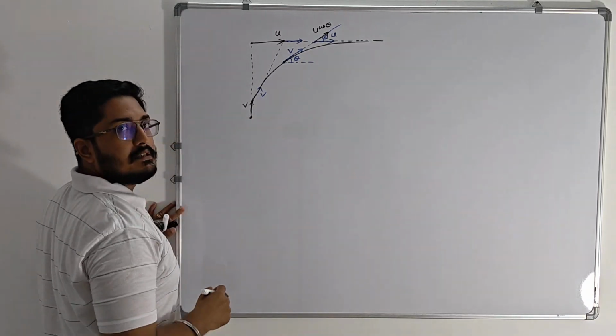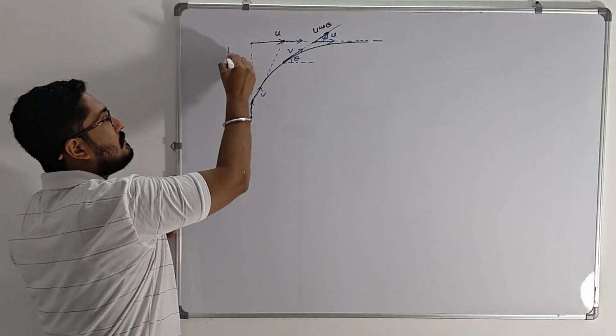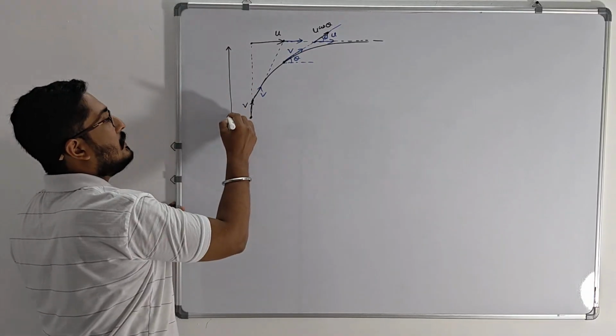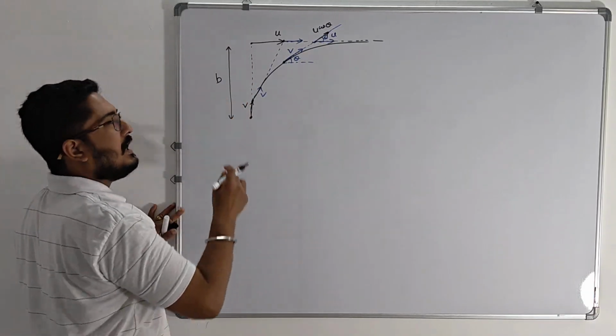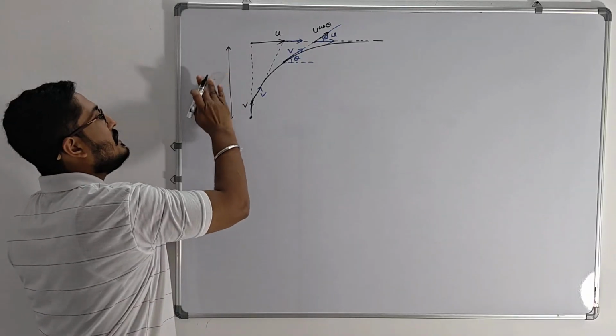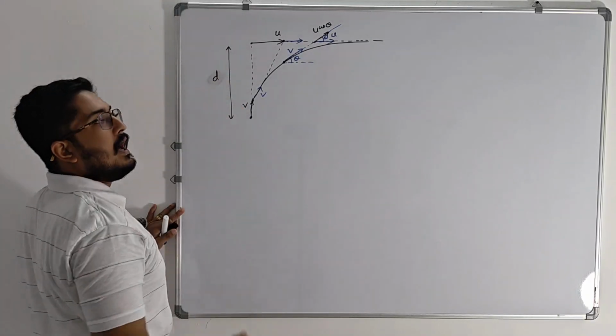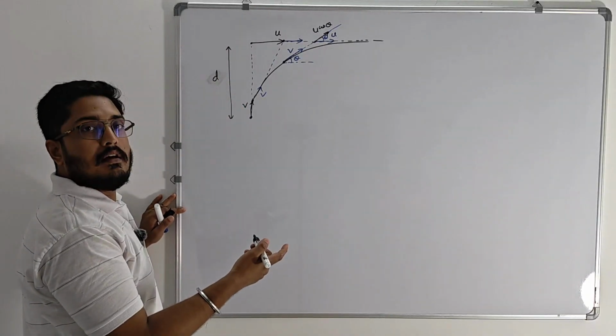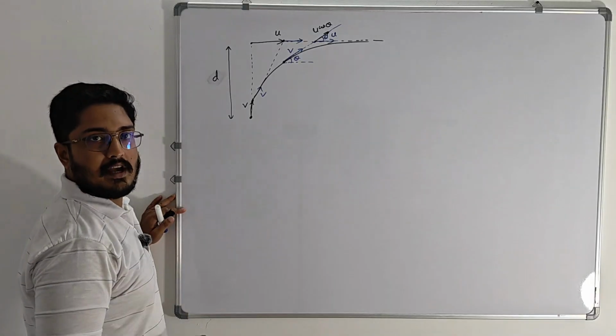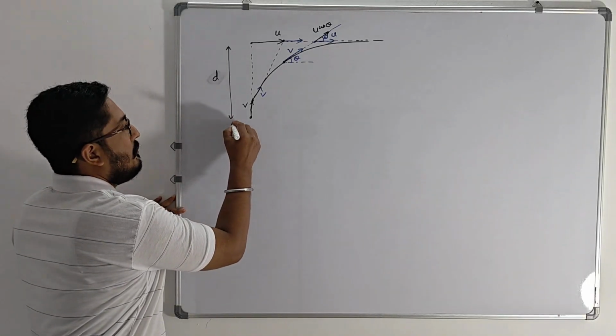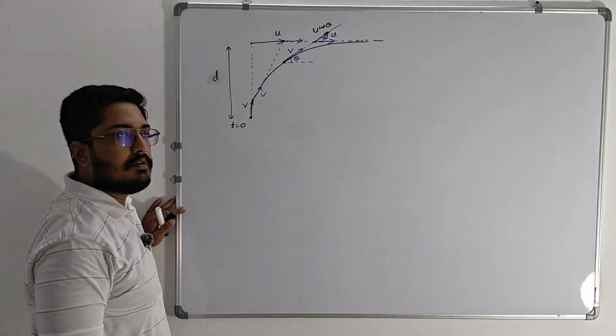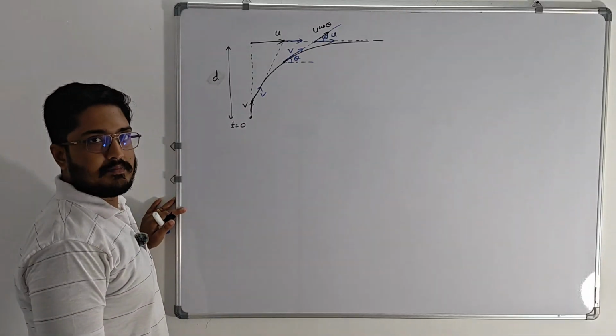So we have to understand this. Initially, the separation between them was d, as per the question. So initially the separation is d, and finally the separation will become 0 when it catches. Initially, at the moment they start, the time is t equal to 0, and finally the time would be t, right?